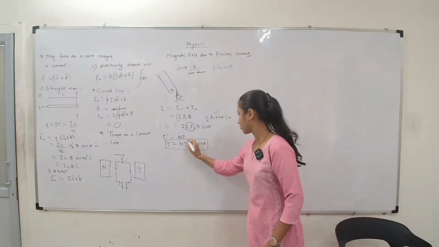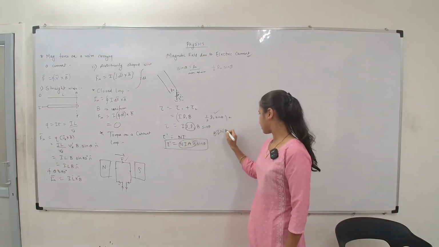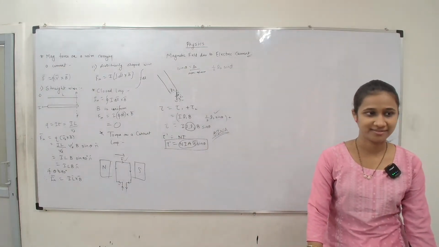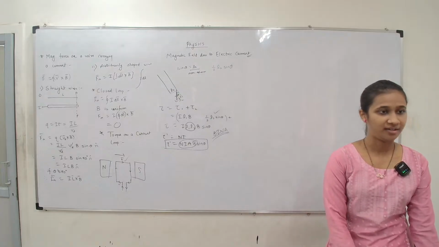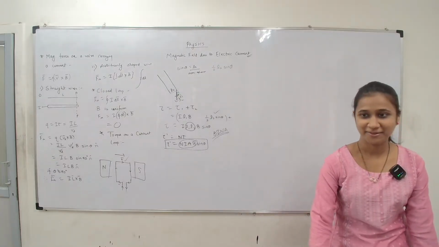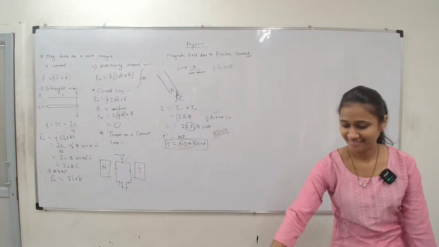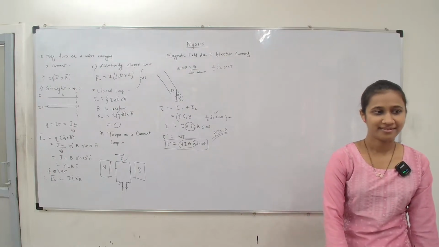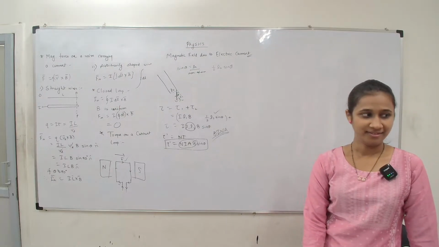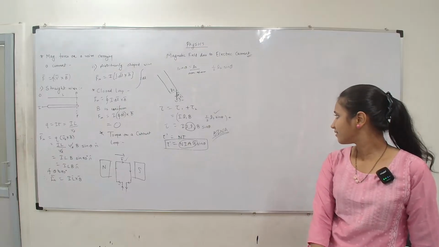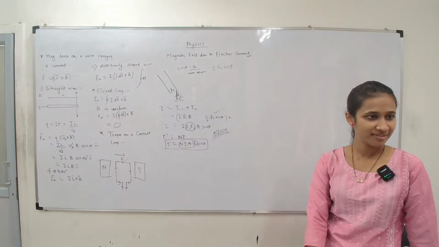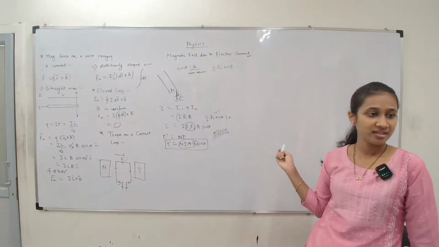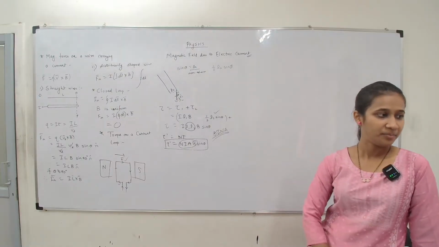Then this has a short form. Then no term remains. You cleared with this? Torque acting on a current loop is NIAB sin of theta.